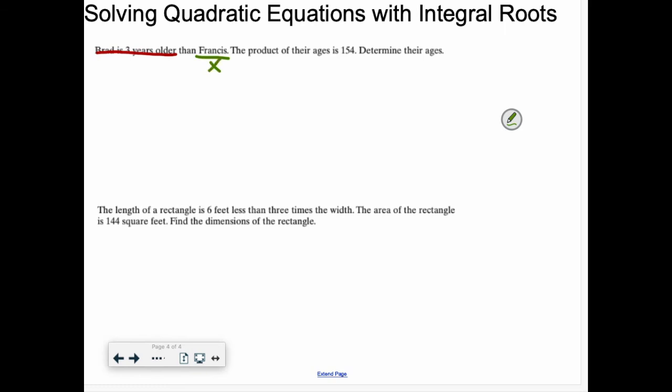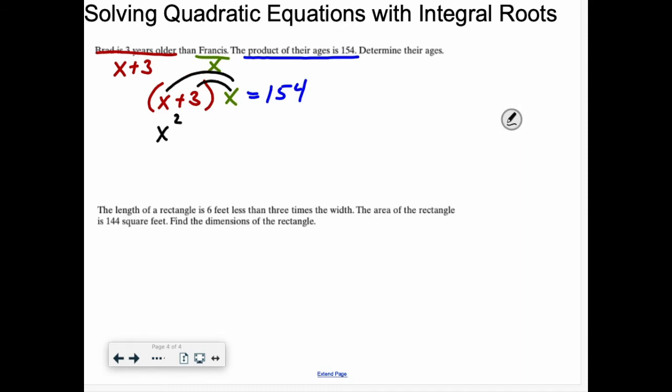If Brad is 3 years older, then this is just going to be x plus 3. Well, the product of their ages is 154, so that means I can just say x plus 3 times x equals 154. And from here on out, it's just solving the same way that we did.